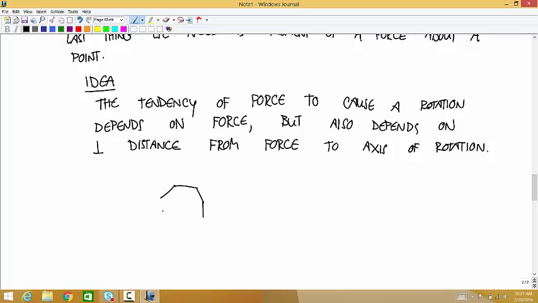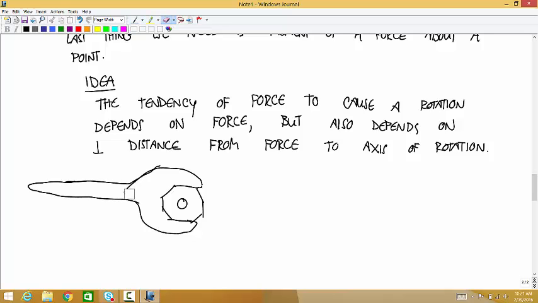So for example, if you're trying to turn a bolt and you have this wrench, that's an ugly wrench. It looks like a snake eating that bolt. Say that you're capable of applying 500 newtons to that wrench. Where are you going to apply it? Like if you want to apply it at the end.